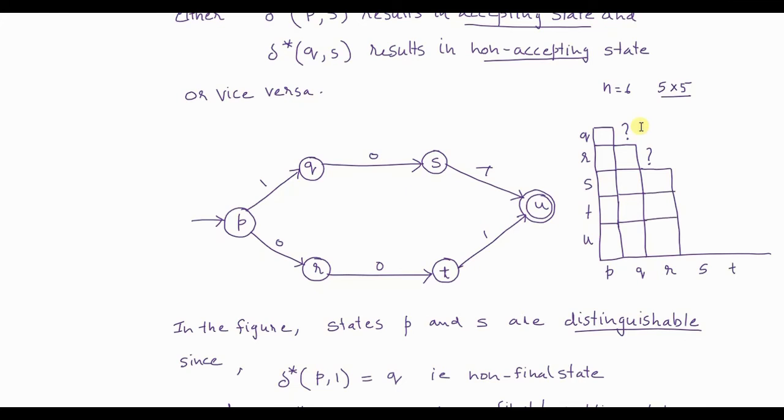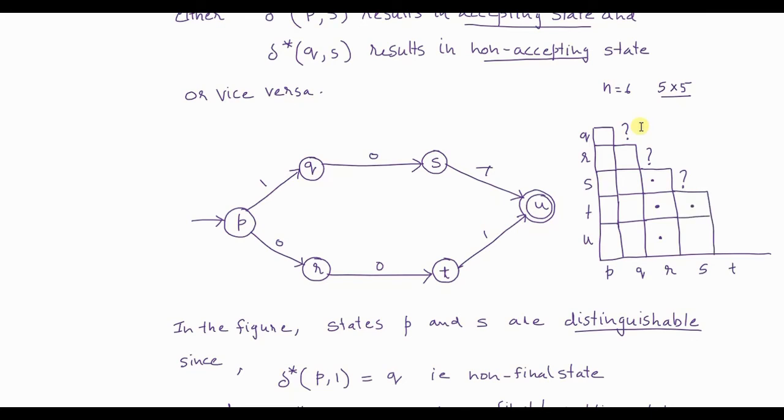So the cell over here will be s comma r, the cell over here will be t comma r, the cell over here will be u comma r. Similarly, this particular cell here would be s comma s, so that cell also I will be skipping. I will not be drawing that cell.